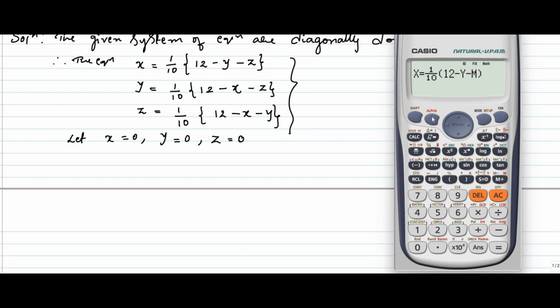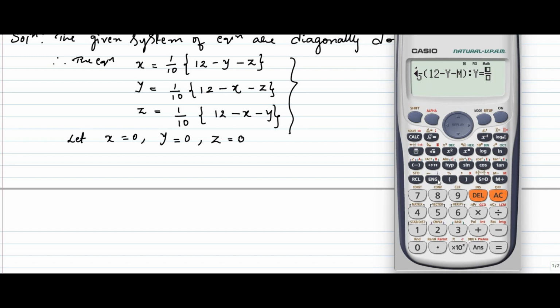Then to separate the equation, use colon. We have colon here, press alpha colon, go with the next equation. What we have, alpha y equal to, means calci plus alpha equal to, this is the equal to symbol here.